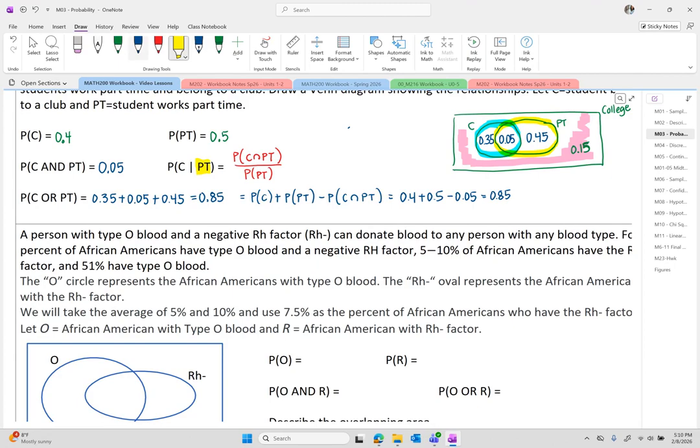Now, club and part-time is the intersection, and we found it to be 0.05, or it was given to us. The probability of part-time is 0.5, and when you divide that, it is 10%. 0.1 would be the solution to that.